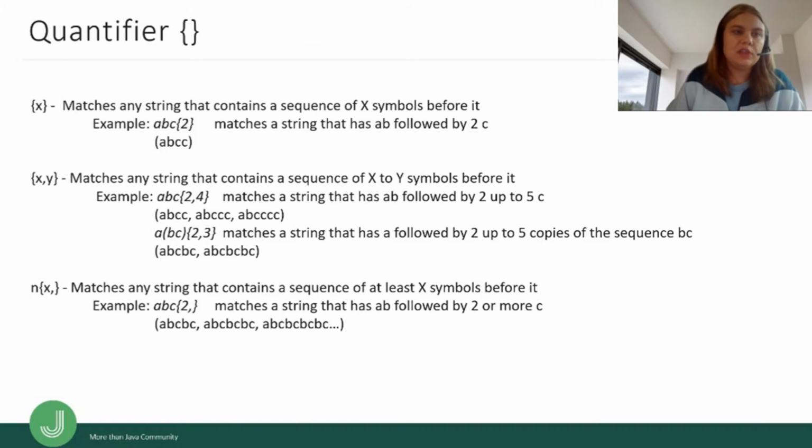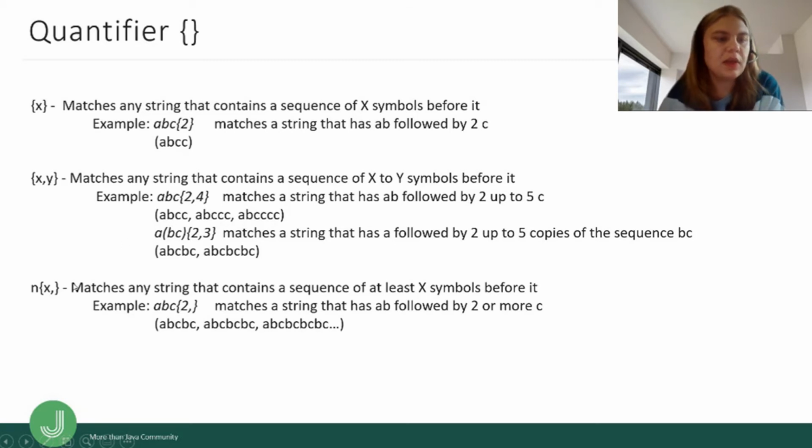Let's move on to the next quantifier, the curly brace. Here we can put the exact number of symbols we expect. For example, here it's 2, and we expect A, B, and 2 C's. We can put a range of symbols, how many we can have. For example, here we can have 2 C's, 3 C's, or 4.